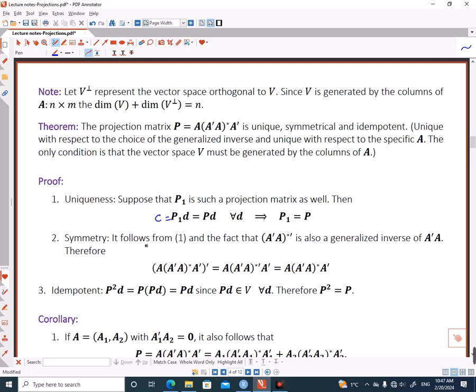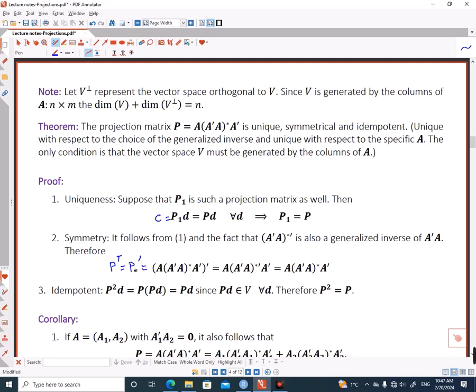For the symmetry, remember that the transpose of the generalized inverse of A prime A is also a generalized inverse of A prime A. So let's start by transposing P. Sometimes I denote it by PT.